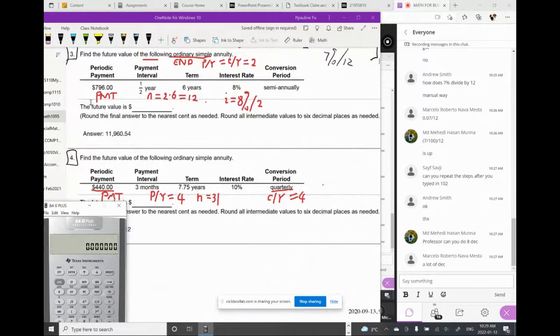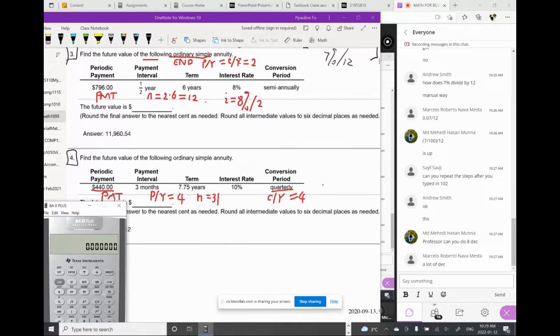Next question. Find future value of the following ordinary simple annuity. Remember, I asked you to watch online lecture. Ordinary means payment is made at the end of each month, each quarter, or each year. And simple means PY equal to CY.